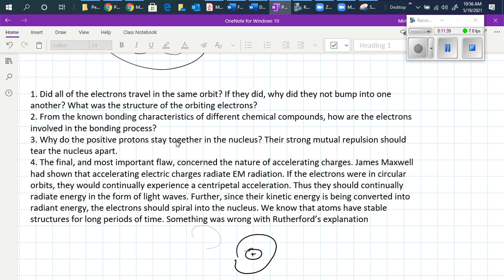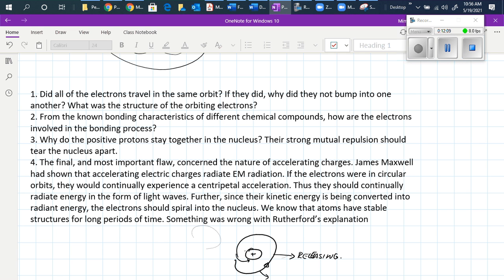They would continuously lose energy, releasing energy, and then collide and come to the nucleus.